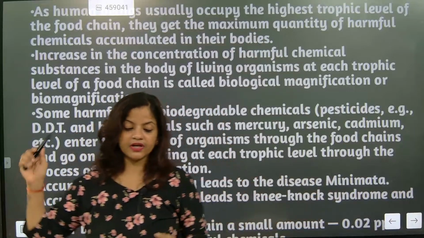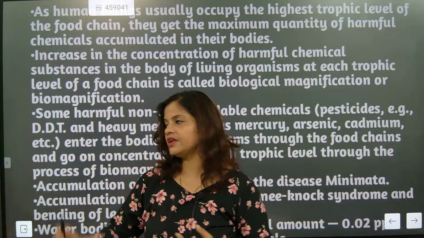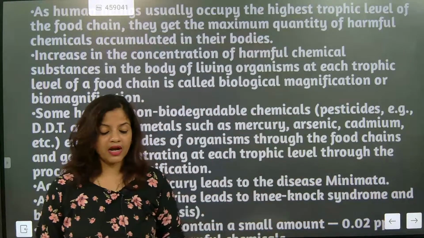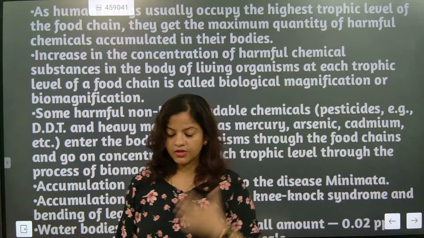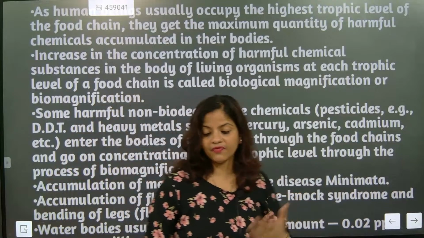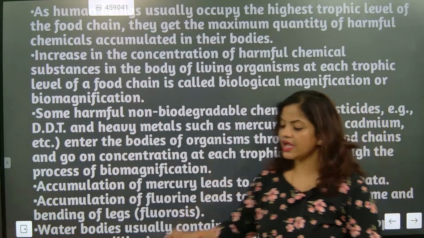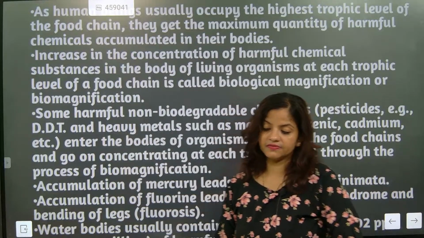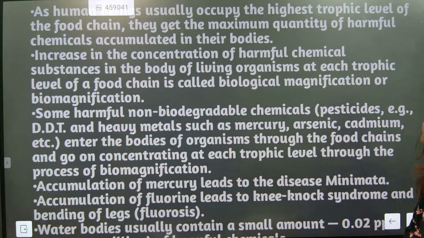The soil will get affected, the water will get affected, and the plant will also get affected, because if you are putting poison like DDT on plants to kill pests, every trophic level will have this poison. And so the concentration of biomagnification will be very high at the higher level.